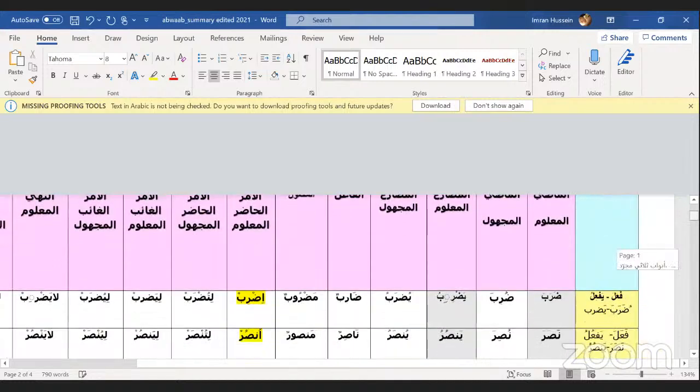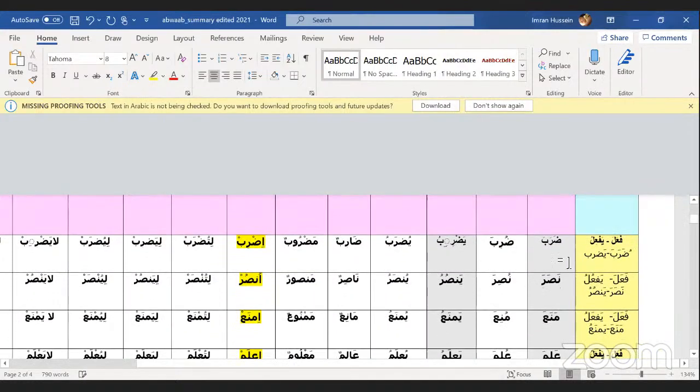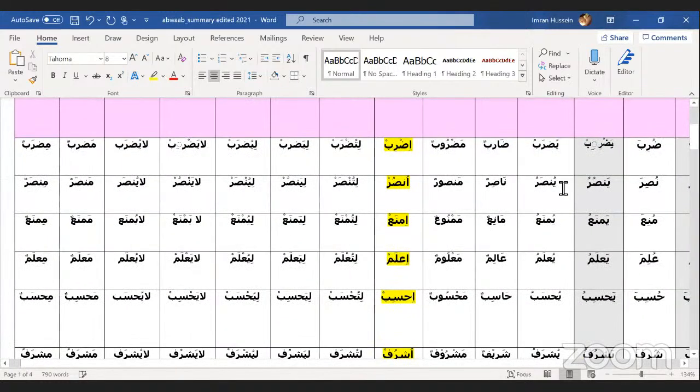Okay, yes. So the verb is daraba. Daraba means he hit. Yeah, daraba means he hit.